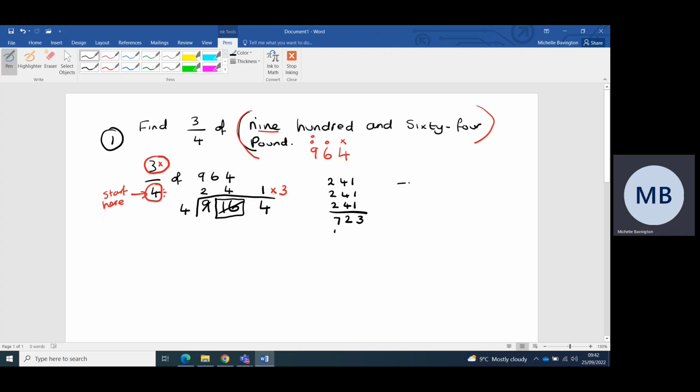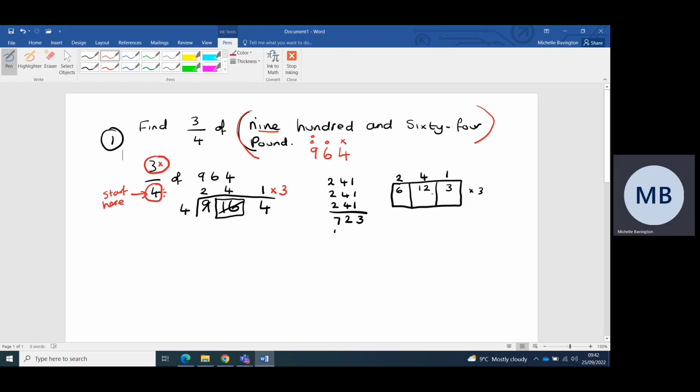Or you could do the multiplication method. 241 times by 3. So 3 2s are 6, 3 4s are 12, and 3 1s are 3.